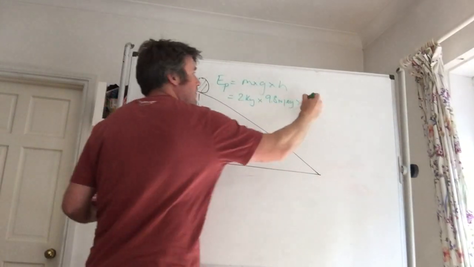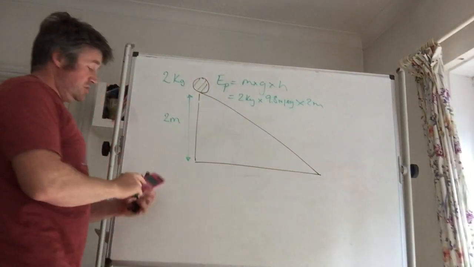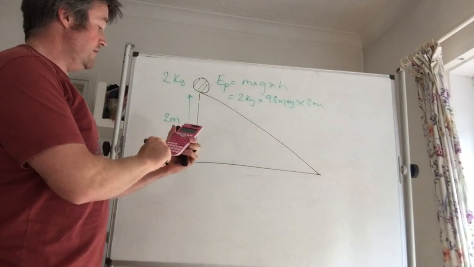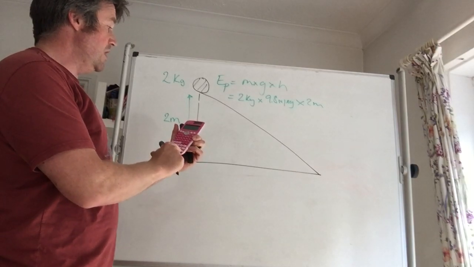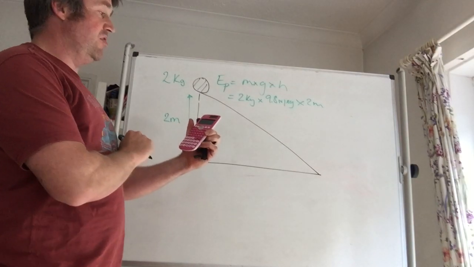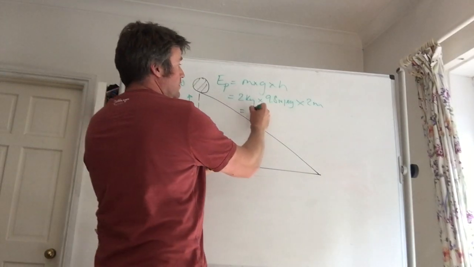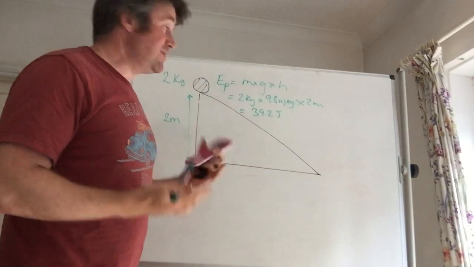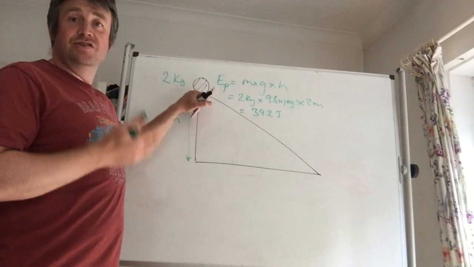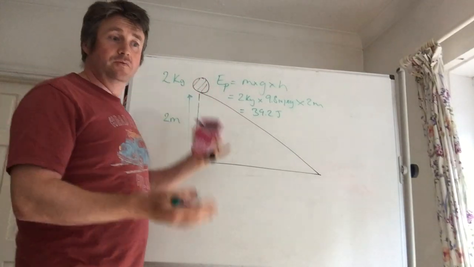Now we look on the diagram, that's 2 meters. So we just plug that into our calculator. So 2 times 9.8 times 2, and we get a value of 39.2 joules. So that is what the gravitational potential energy was at the top of the hill.